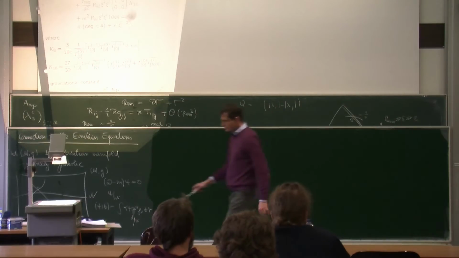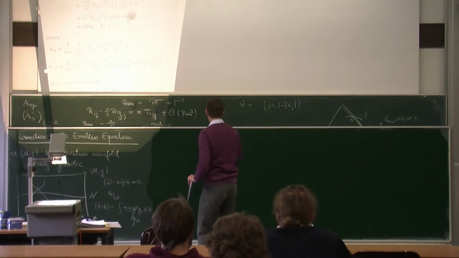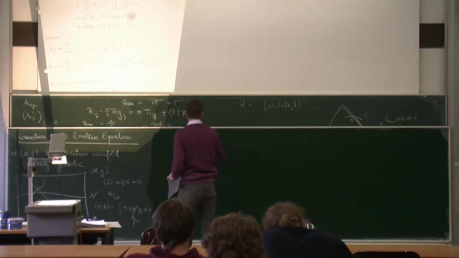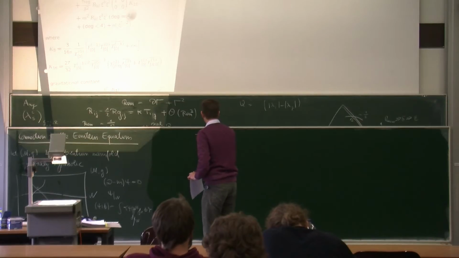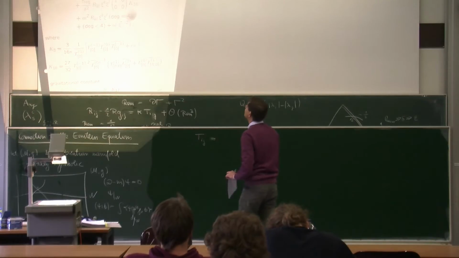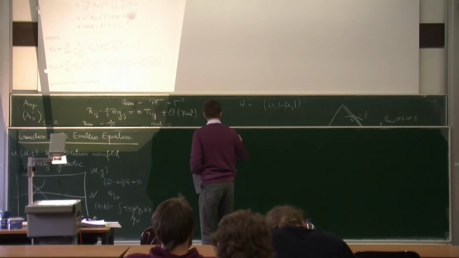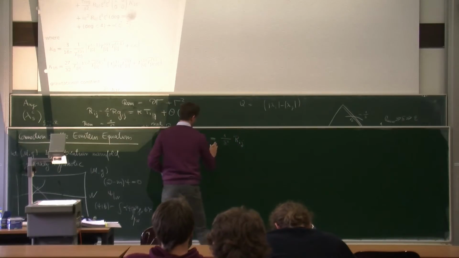This means, if we set these terms equal, we just get T_ij is equal to one over delta squared times R_ij, but only if we multiply the whole thing with psi_i psi_j.